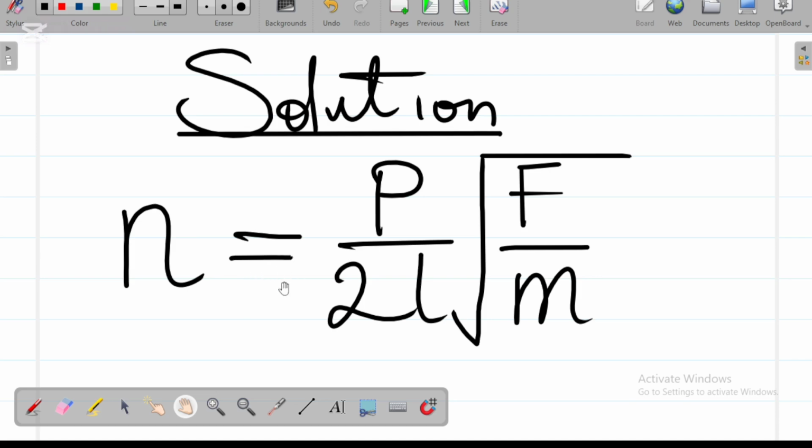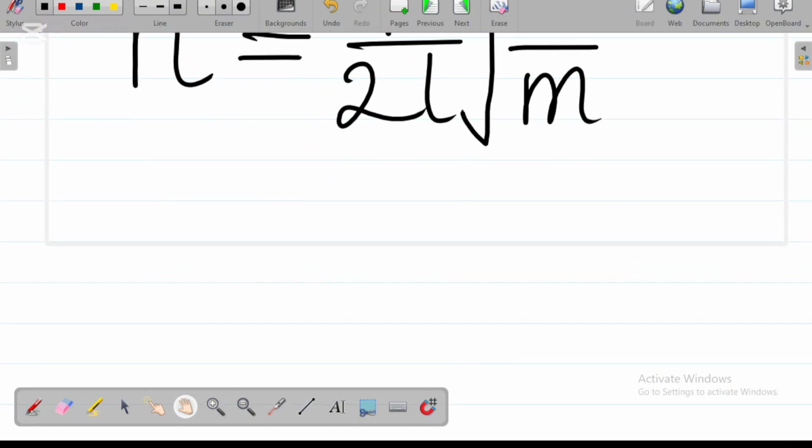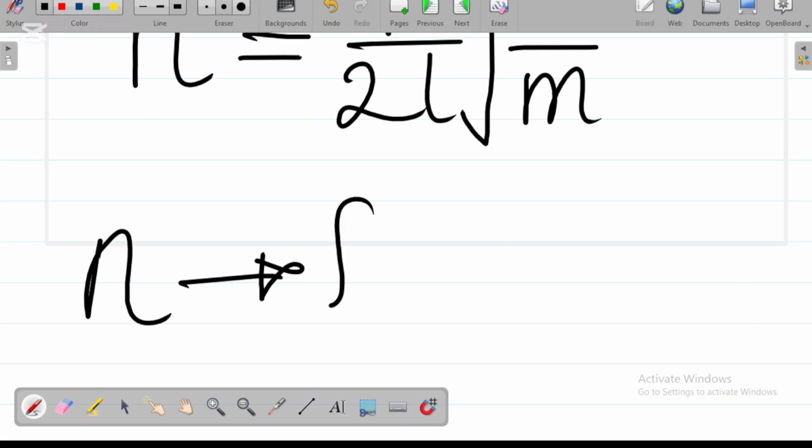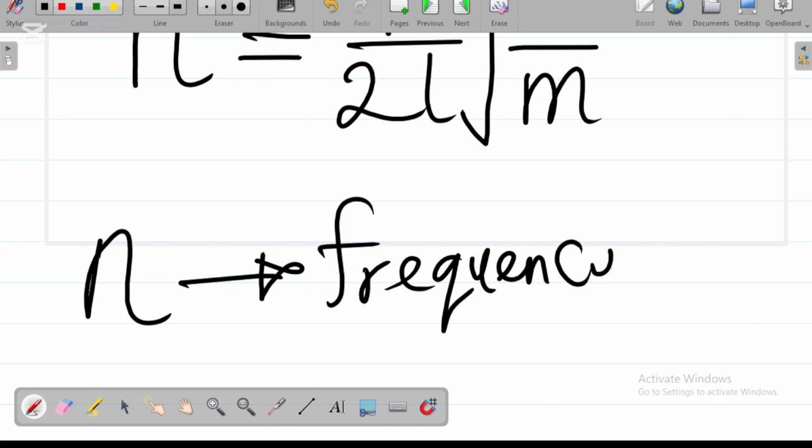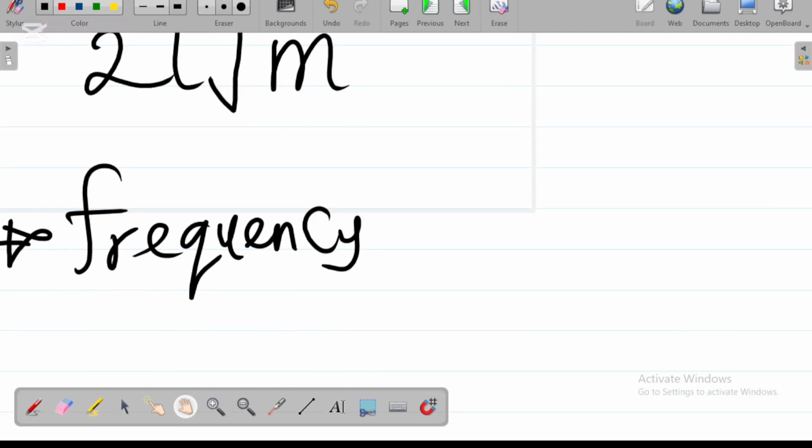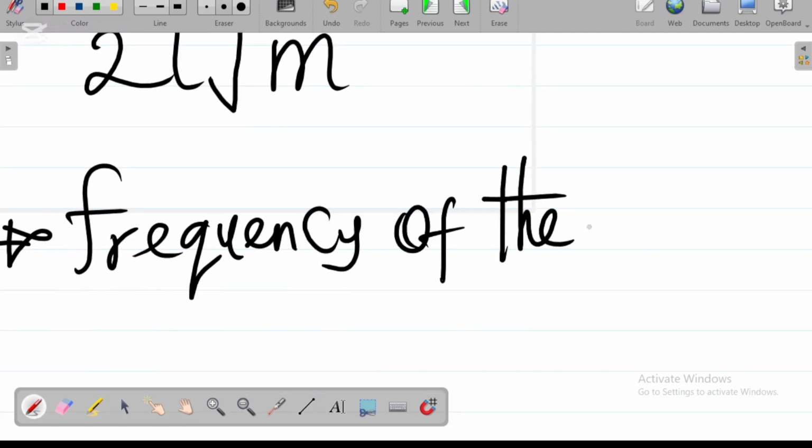Alright, so our first task here is to define the terms given. n is called what? n is called the frequency. n is the frequency of the vibration.